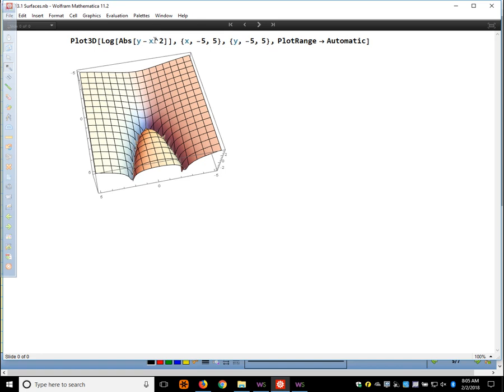Where the argument is 0. So where y equals x squared. That's that parabola. So that function is undefined along that parabola. So, listen up. Multivariable functions are not only undefined at points. They can be undefined along an entire curve.